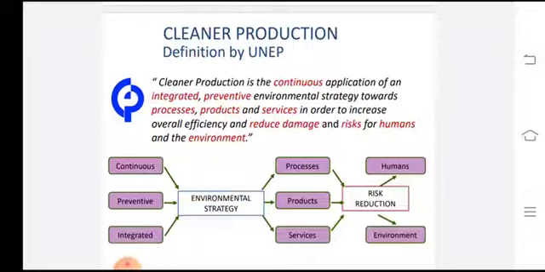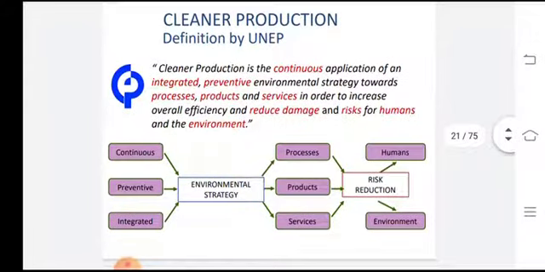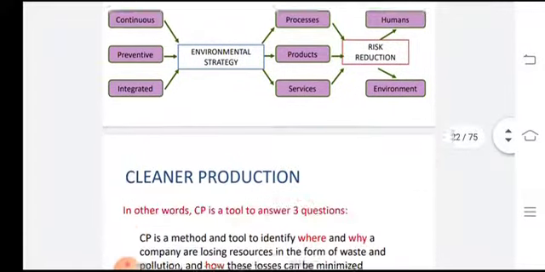So continuous, preventive, and integrated approach heading towards environmental strategy, and this environmental strategy is to be implemented on the processes, products, and services. What we should get is a reduction in the risk to humans and the environment. So a very comprehensive definition; if you read it once or twice, you will get a complete concept of cleaner production.